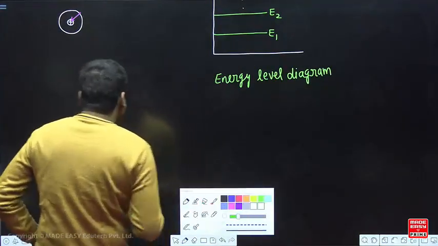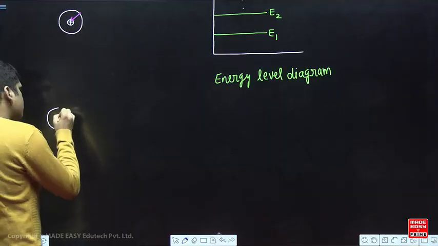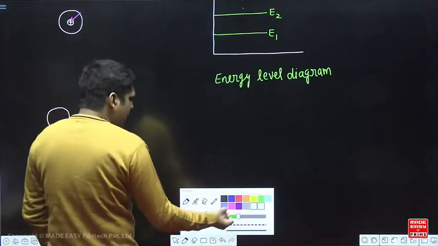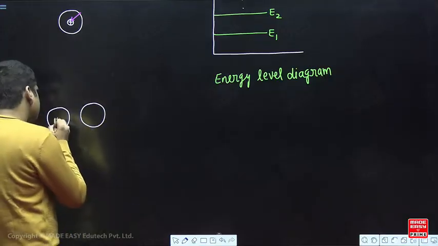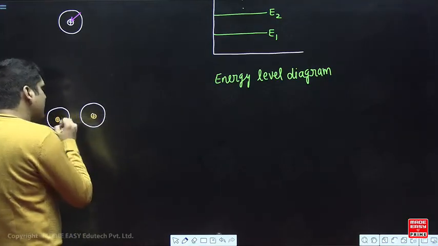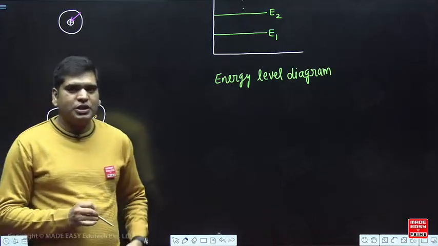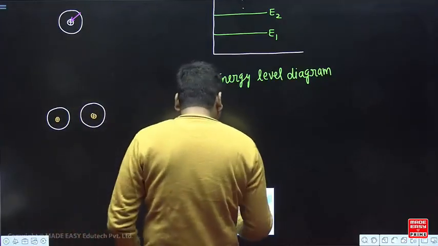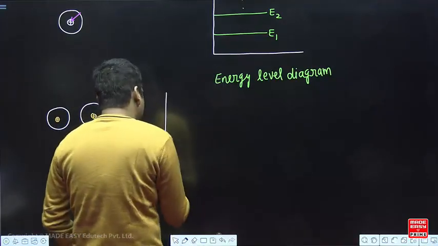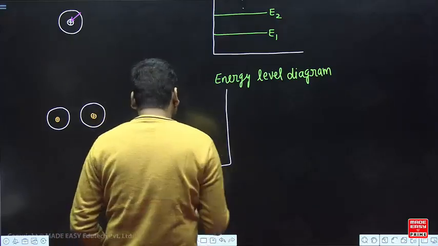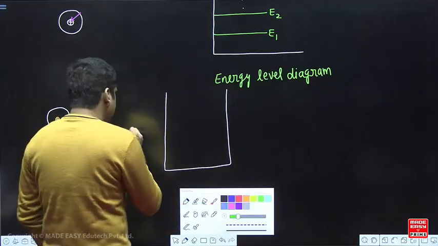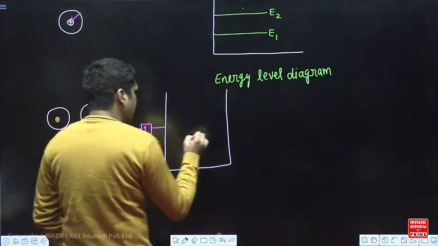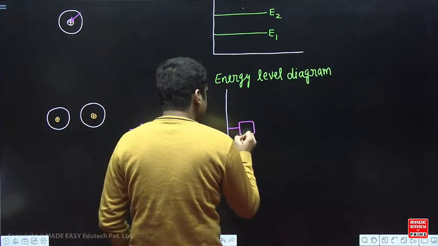I said that when two atoms come closer to each other, these atoms start attracting and repelling each other. Because of this, if I plot the energy of these two atoms, when they are individual atoms their energy will be the same. The electron will have the same amount of energy.